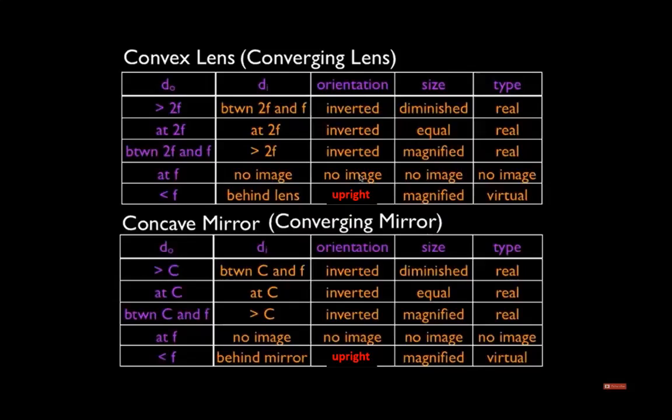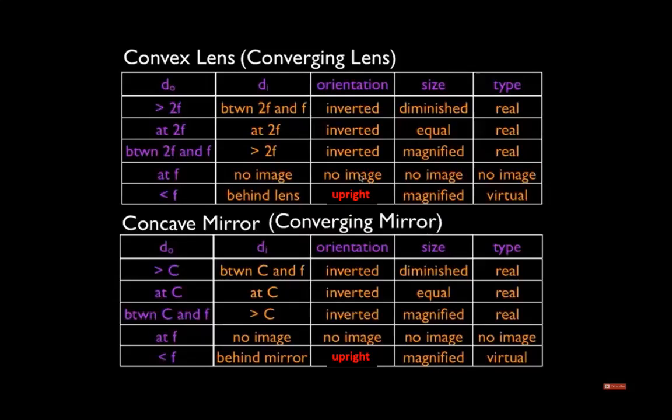But you can see that as you begin to think about where your placement is, as you move the object in closer towards the lens, it begins to get larger and larger, and once you cross the focal point, we actually switch to an upright image, super magnified, but it's virtual because we have to do some back tracing. The same thing is true for concave mirror and convex lens.